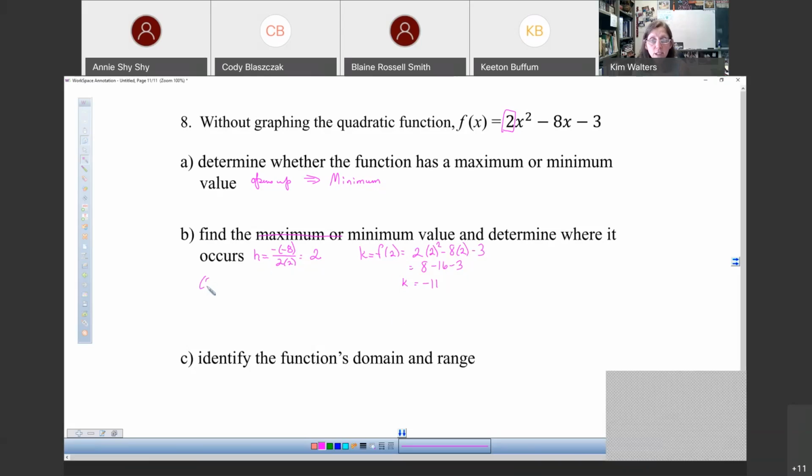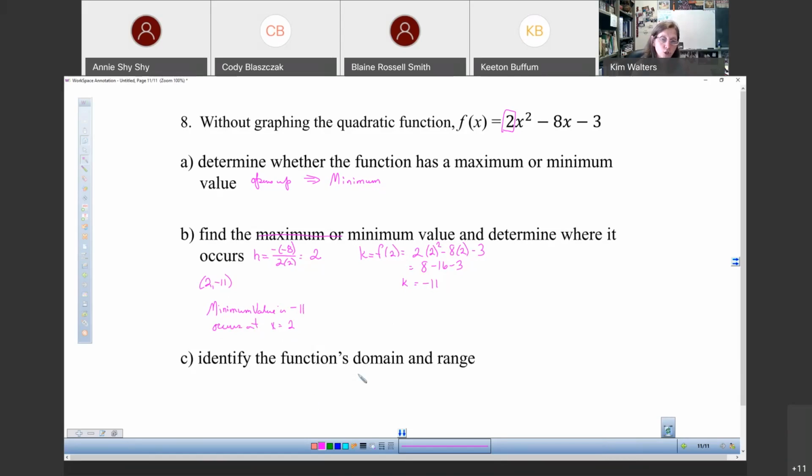So my vertex looks like this: (2, -11). So my minimum value is negative 11, and it occurs at x is equal to 2.